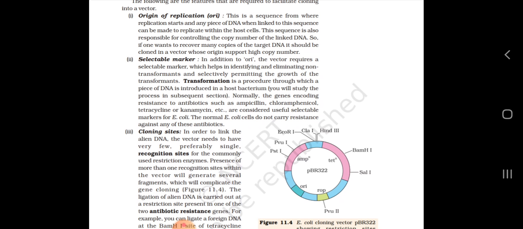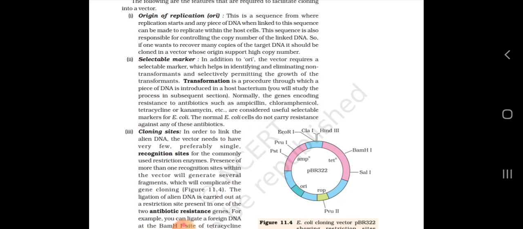Any piece of DNA when linked to this sequence has the ability to replicate within the host cell. This ORI, or the origin of replication, also controls the number of copies of the linked DNA, meaning how many copies it will produce.